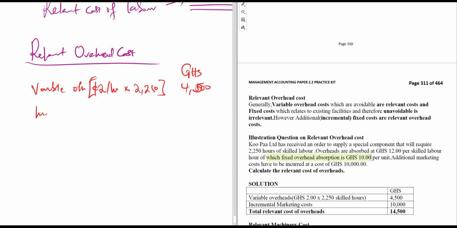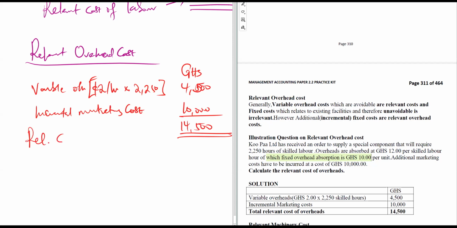We have incremental marketing cost, not so? And they said we have to get 10,000 for additional marketing. Meaning we have 14,500, not so? And this becomes a relevant cost of overhead. The fixed overhead is allocated and hence irrelevant for decision making.